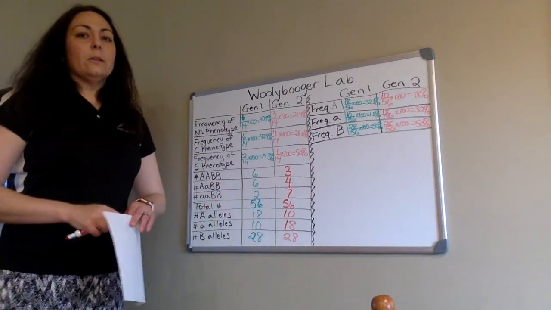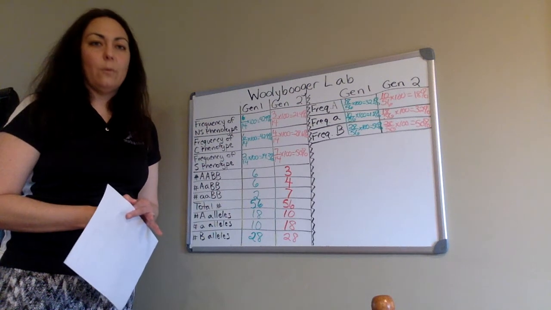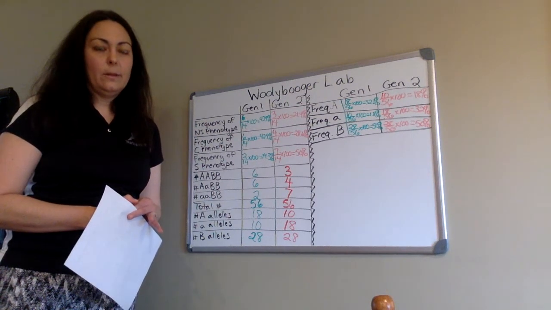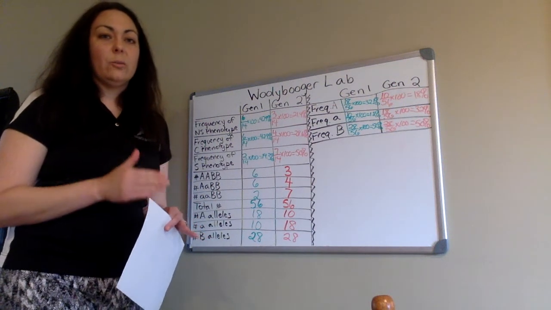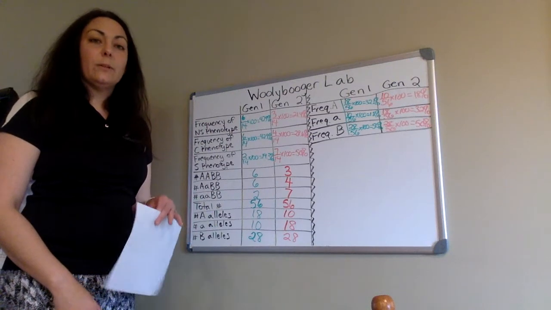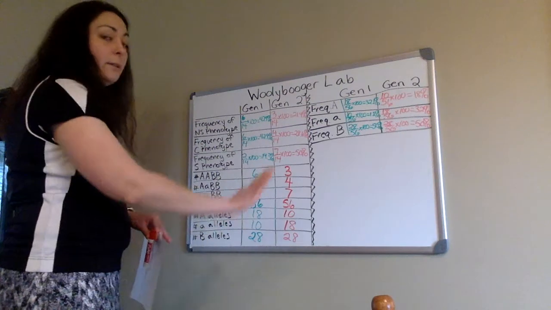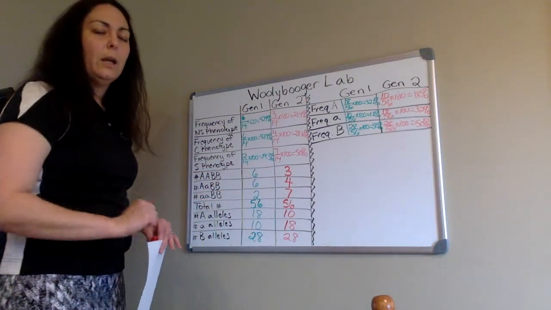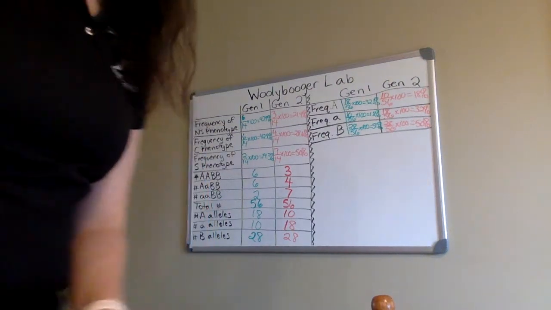Okay? So then you need to carry on with generations 3, 4, and 5. Once you get done calculating generations 3, 4, and 5, you need to come up with 2 types of graphs. So I'm going to pause for a second, erase the board here, maybe do a close-up quick, and then I'll show you how your graphs are going to need to look.